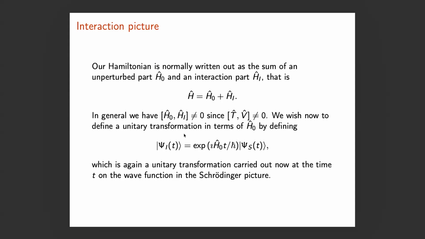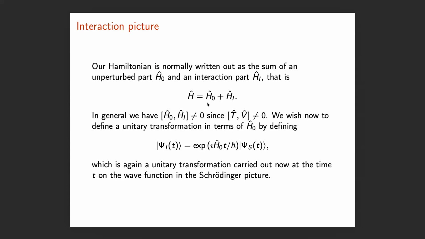And some of you may have encountered the so-called interaction picture, especially if you took a course in many-body physics. This is something which allows us to make a transformation of these unitary operations. Often, and you will encounter this in Project 1 as well, we can split the Hamiltonian in terms of an operator H0 and an operator Hi, which stands for the interaction.